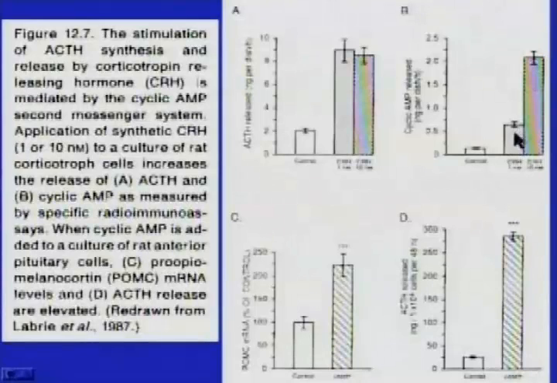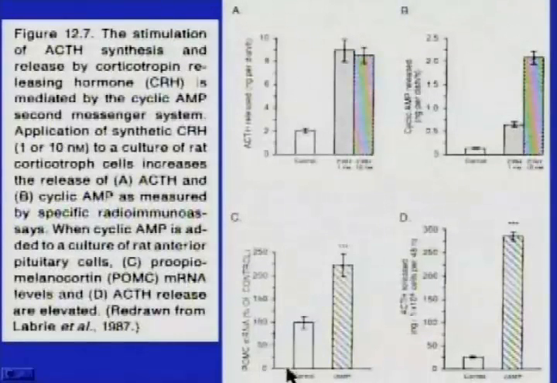So what does it mean to have a dose response in the cyclic AMP levels, but no dose response in the release rate? That has to make one think a little bit about the coupling of cyclic AMP concentrations to the release. Then in panel C, we are wondering about the effects on gene expression.